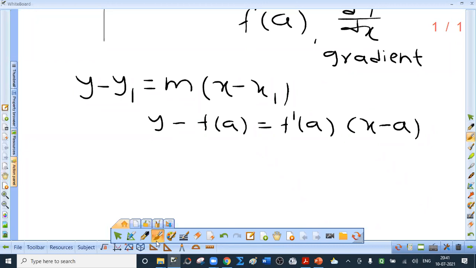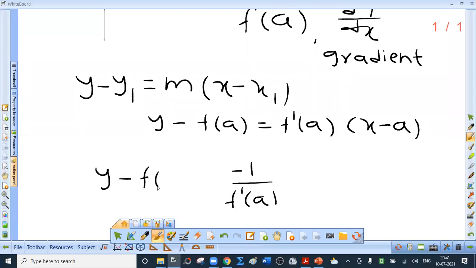So can you tell me the slope of the normal? The slope of the tangent is f'(a). So the slope of the normal will be -1 upon f'(a). You can check: -1 upon f'(a) into f'(a) is -1. So what will be the equation of the normal? The normal is passing through the same point.